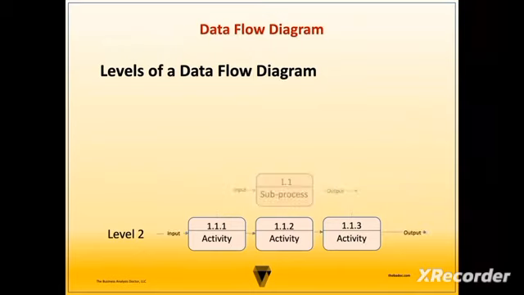Like the previous levels, level 2 takes on its name because now we're considering two decimal points in the reference number. The whole number represents the process. The first decimal represents the subprocess, while the second decimal represents the sequence of the activity. Here, we have to maintain the same inputs and outputs as the subprocess that we exploded.